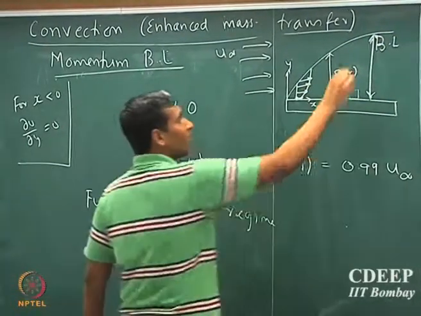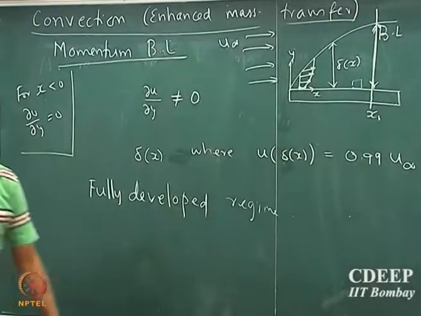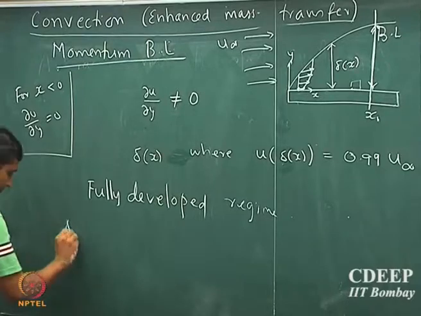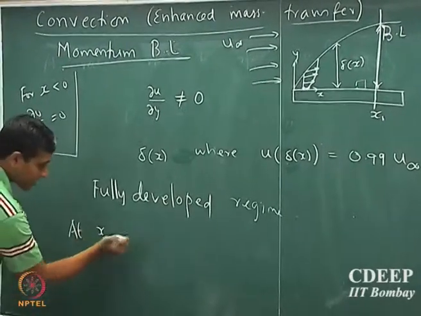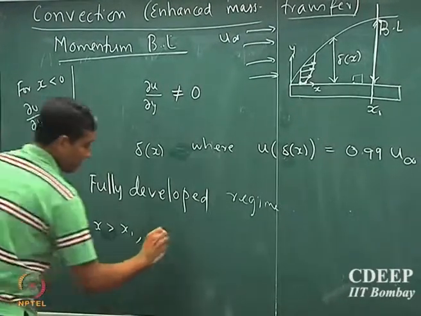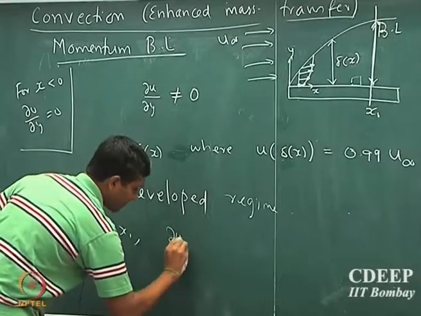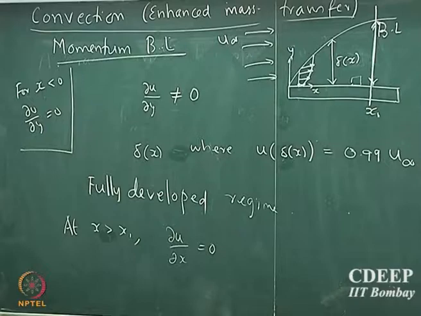Now at some location x1, let's say this is x1. Or let's say at any x greater than x1, you will see that the profile du by dx will become 0. Now what does it mean?